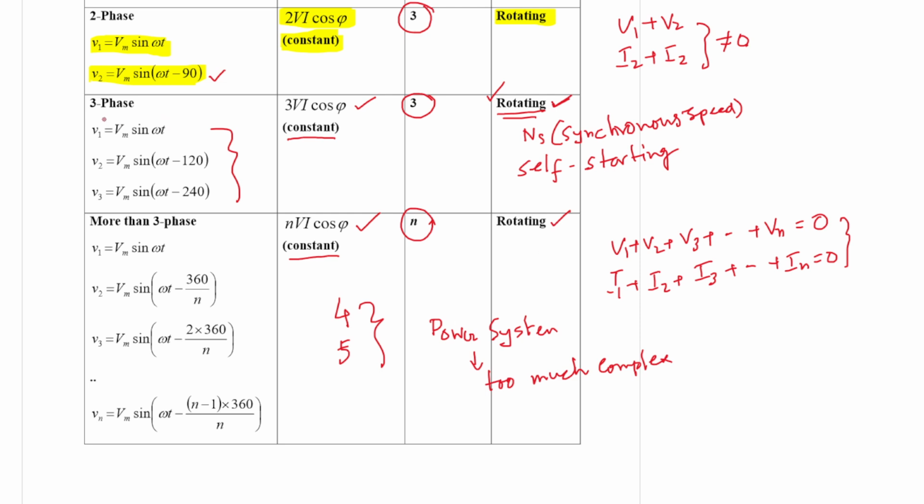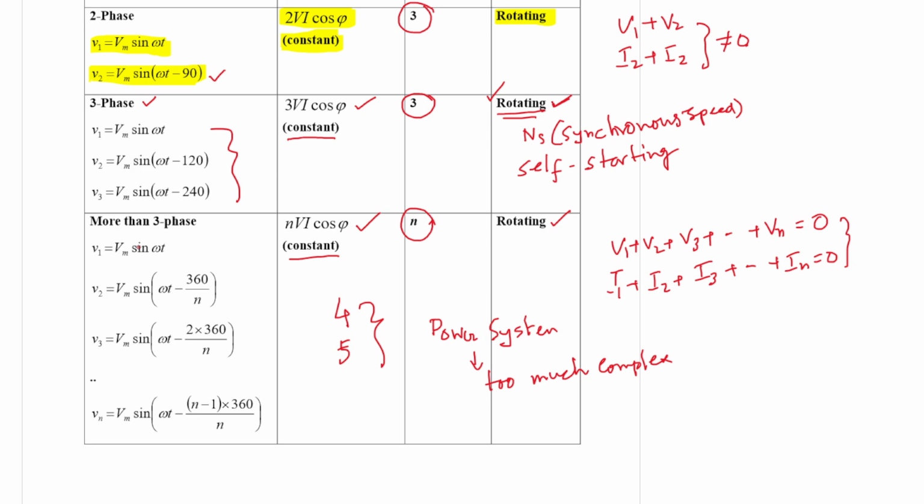So for a 3-phase system we require 3 conductors, and we are also getting 3 VI cos phi. So we always go for a 3-phase system to make our system as practical as possible. We do not use more than 3 phases because of cost, because of the structure and other issues.